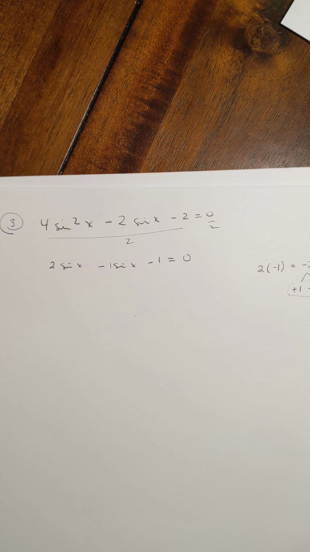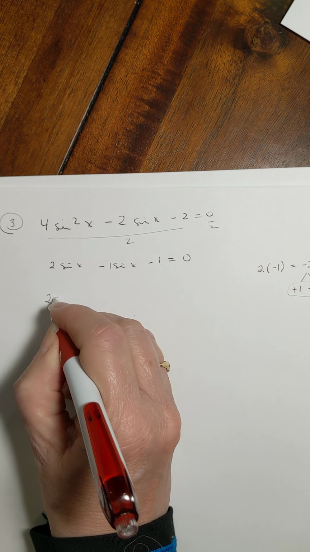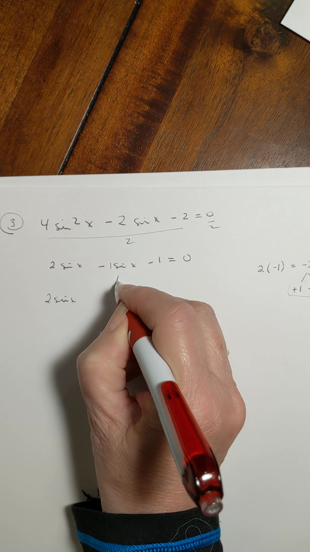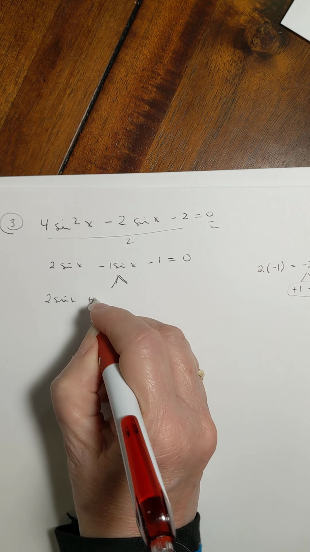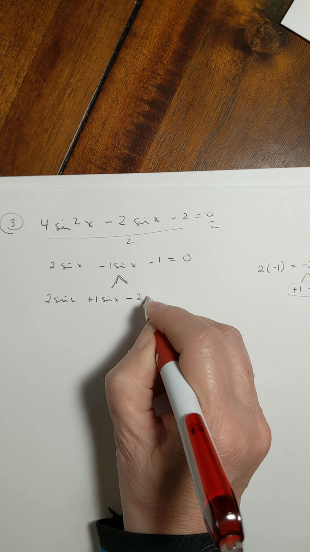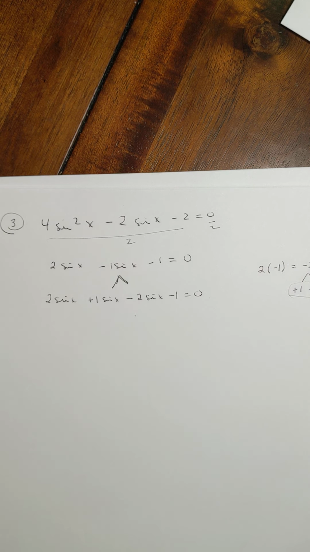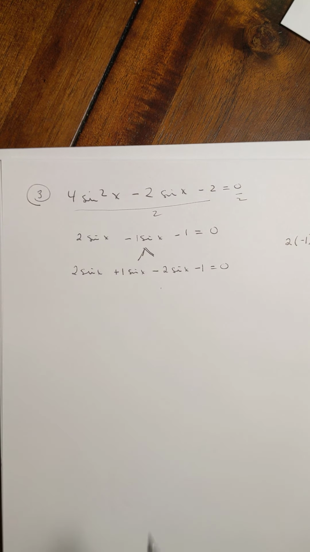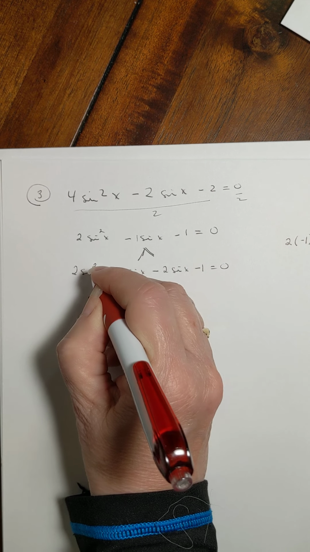All right? So now, looking at this, I'm going to bring down my 2 sine squared of x, and then I'm going to factor this into plus 1 sine of x, and then minus 2 sine of x minus 1. I'm sorry, this should be sine squared of x.